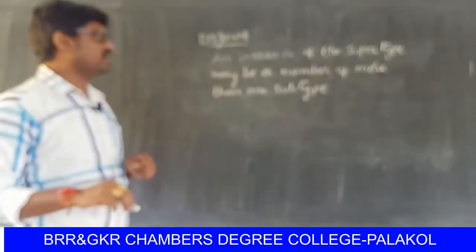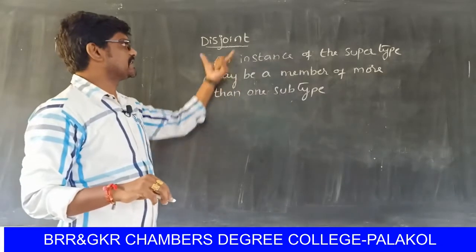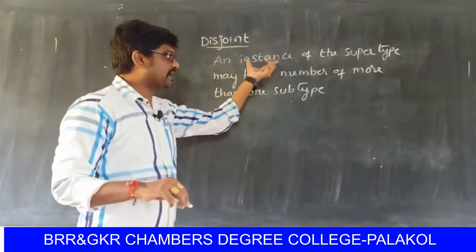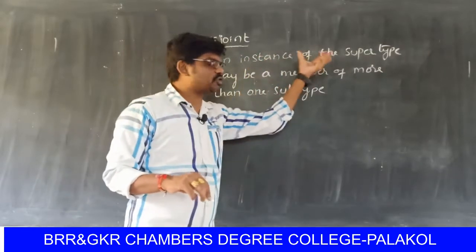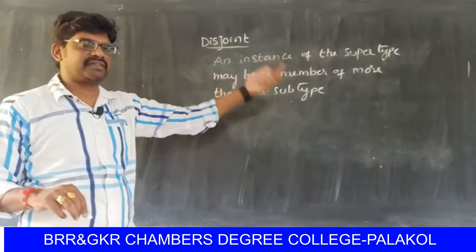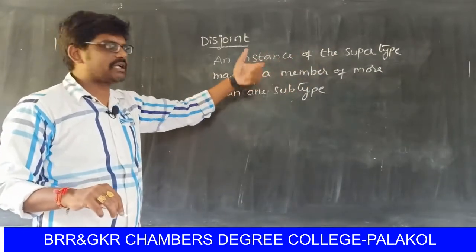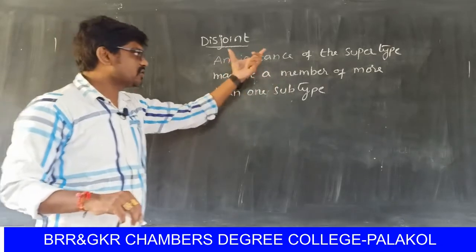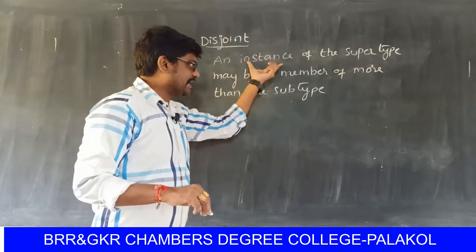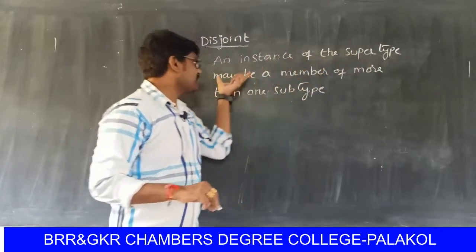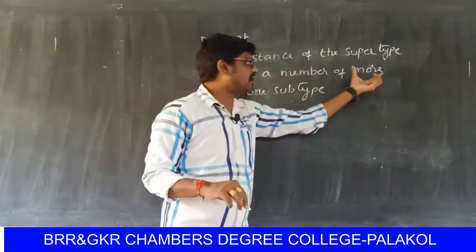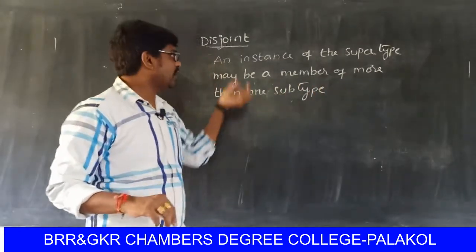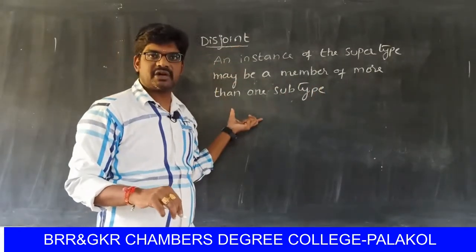An instance means a member of the superclass. We already discussed in the previous session what a superclass or supertype is and what a subclass or subtype is. So the member or instance of the superclass may be a member of one or more subclasses or subtypes. This is the definition of disjoint.